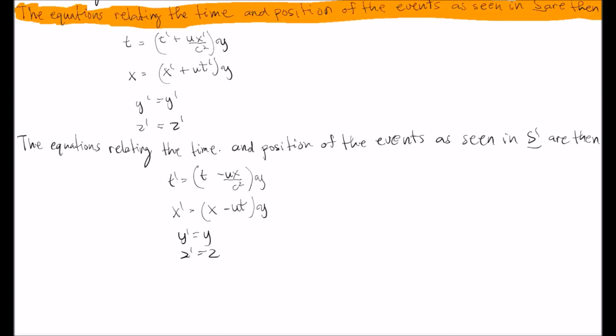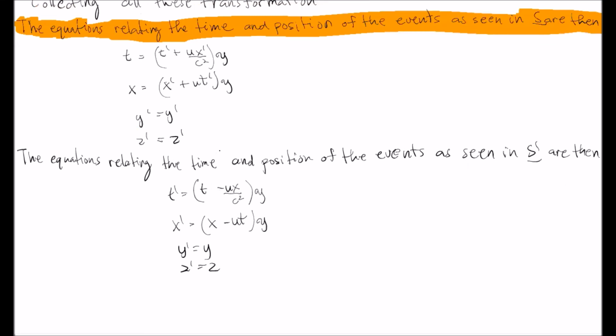Okay. So that's the Lorentz transformation equations relating the time and position of the events as seen in two inertial reference frames, the S frame and the S prime frame.